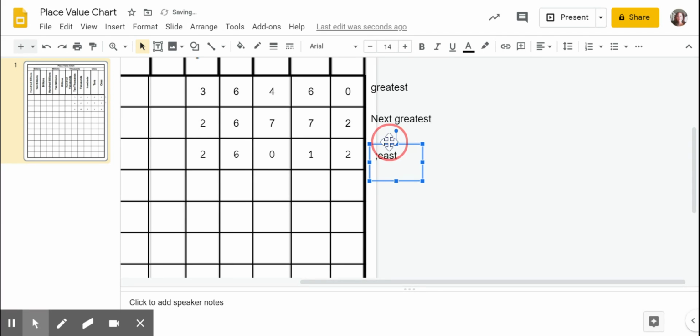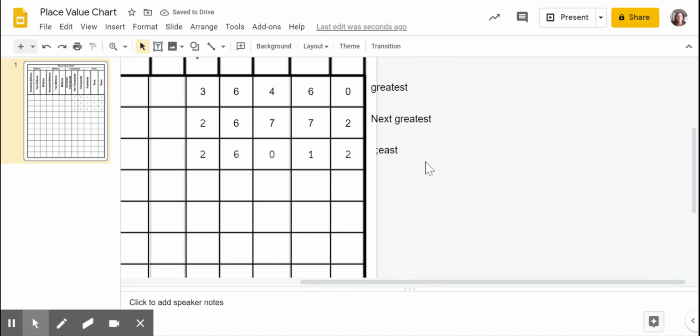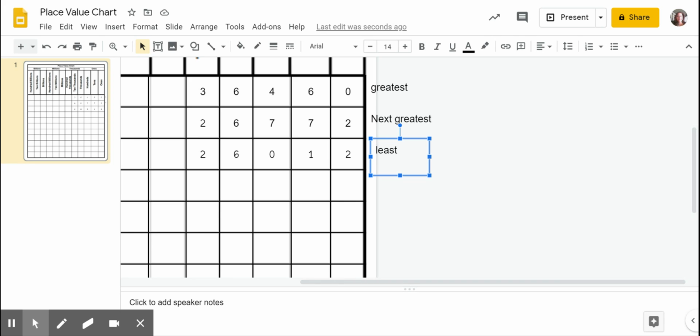Now we have them labeled greatest, next greatest, and least.